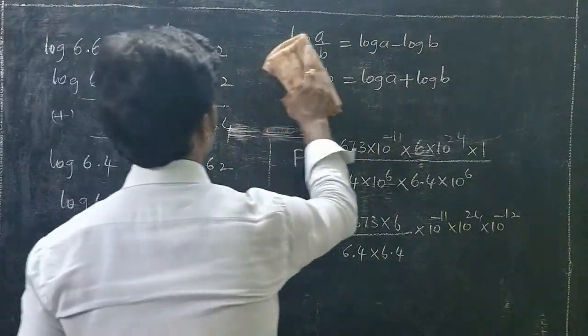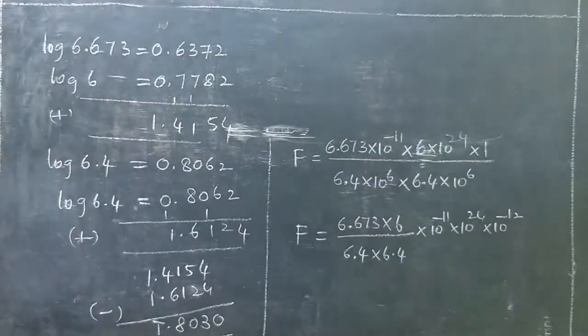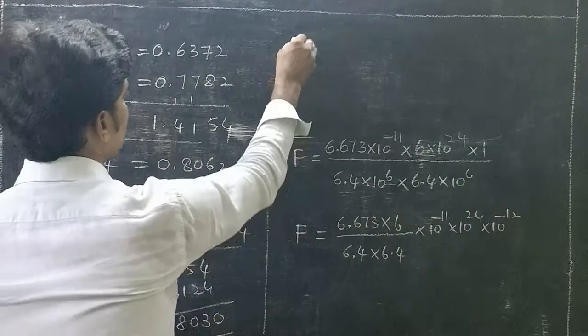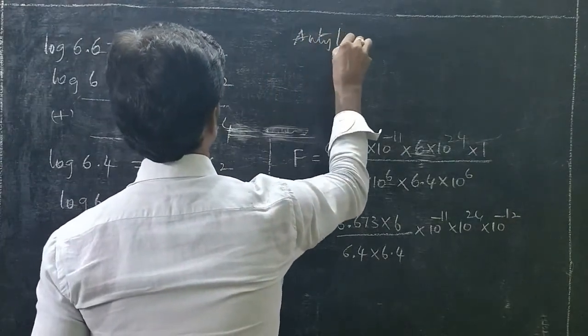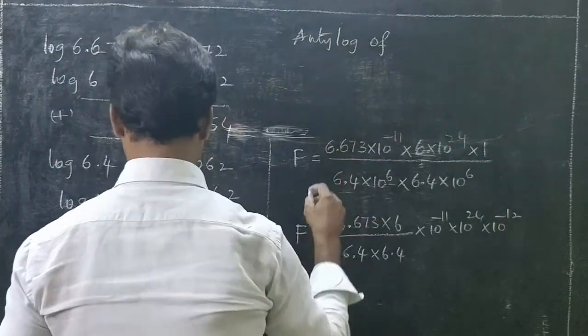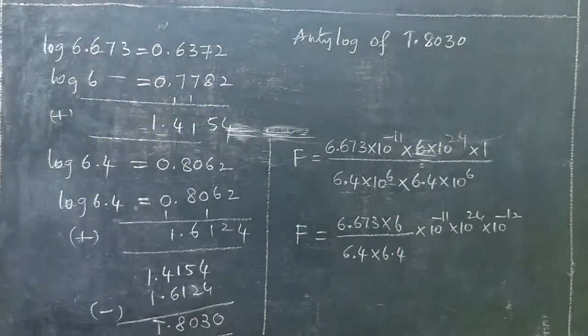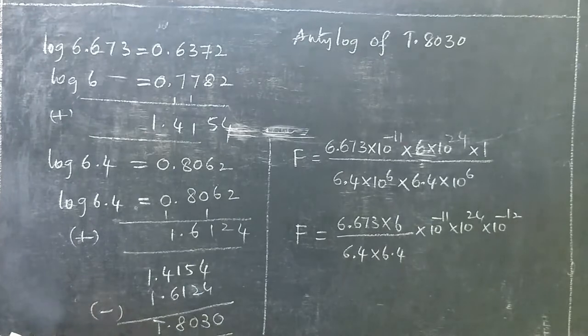So here, after this final step, we have to take the anti-logarithm of 1 bar 0.8030. 0 minus 1, actually, so we put 1 bar, okay? Anti-logarithm is always calculated using the digits after the point.